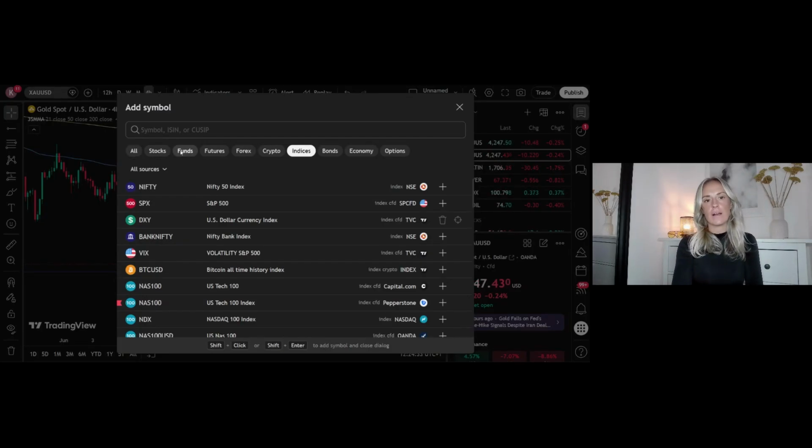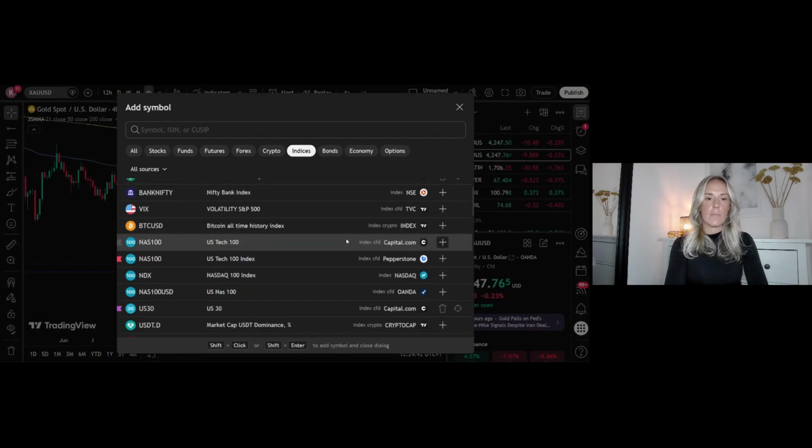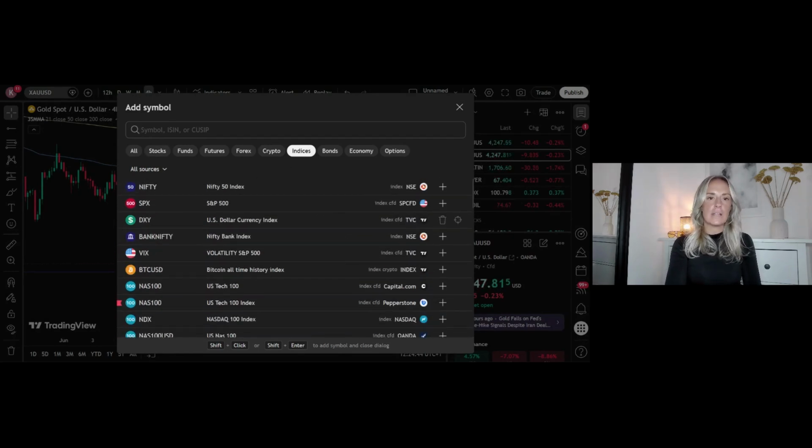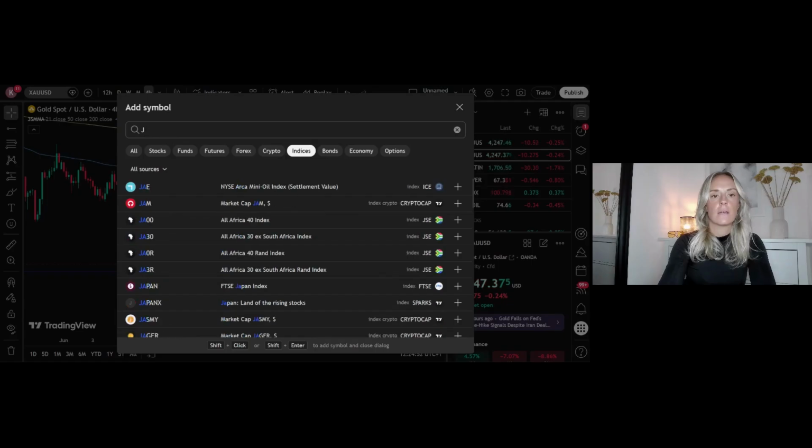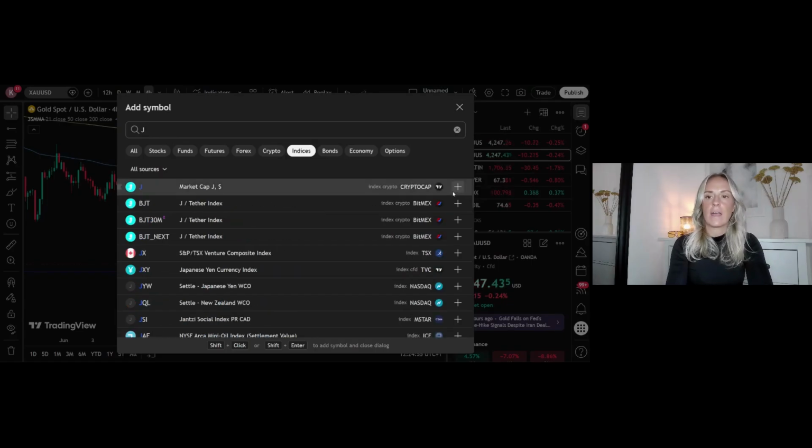You've got all of your assets along the top here: your cryptos, your indices, your stocks, forex, futures, and then your metals as well. You just search in this toolbar whatever it is you want. If you wanted Japanese yen, you would just search it in there and then click add.